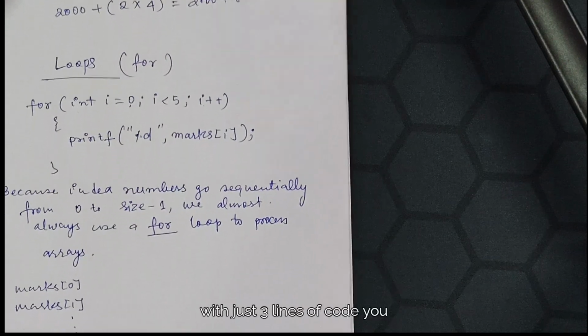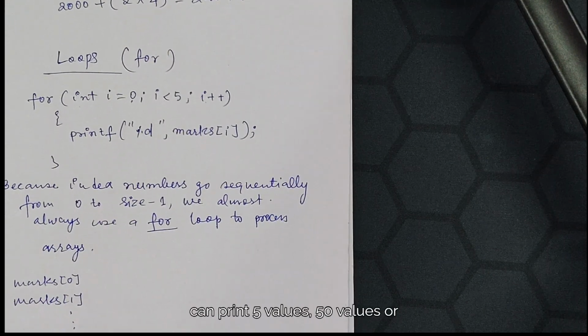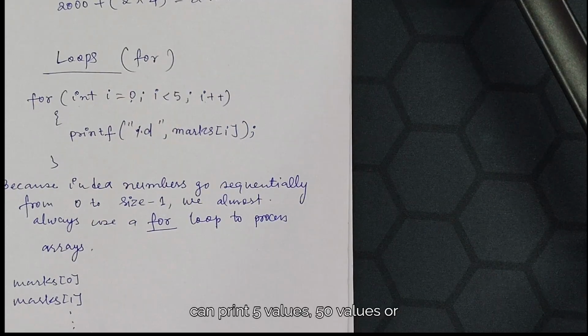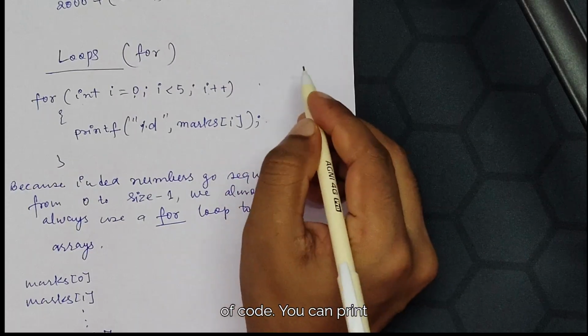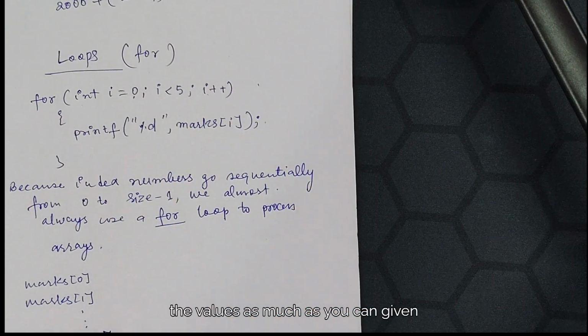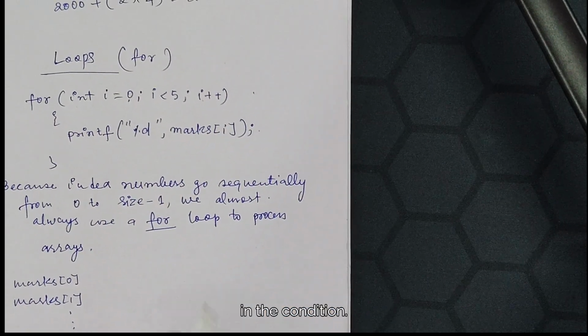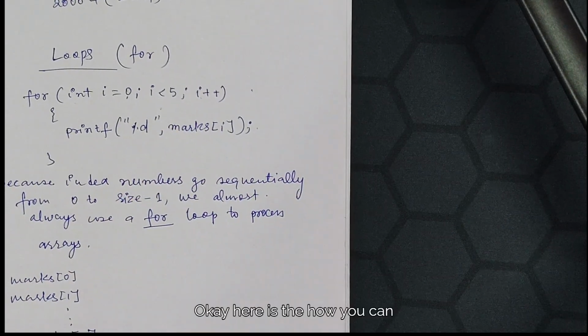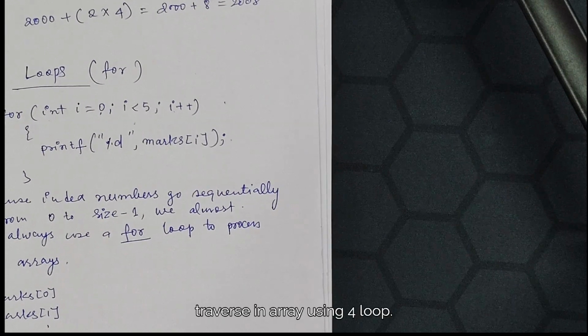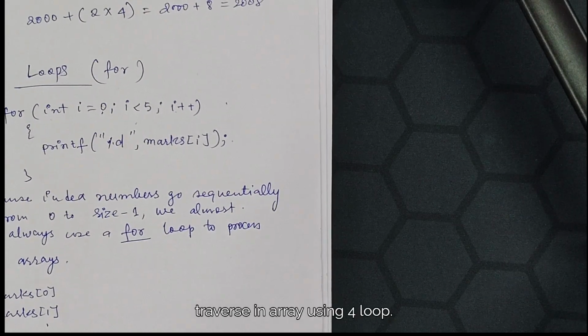Okay, with just 3 lines of code you can print 5 values, 50 values or 5000 values, as many as the condition allows. Here is how you can traverse an array using for loops.